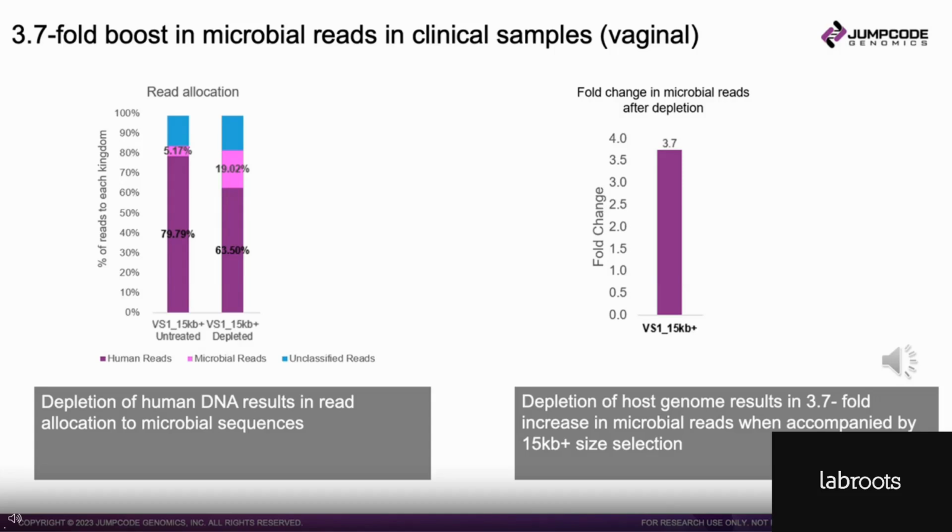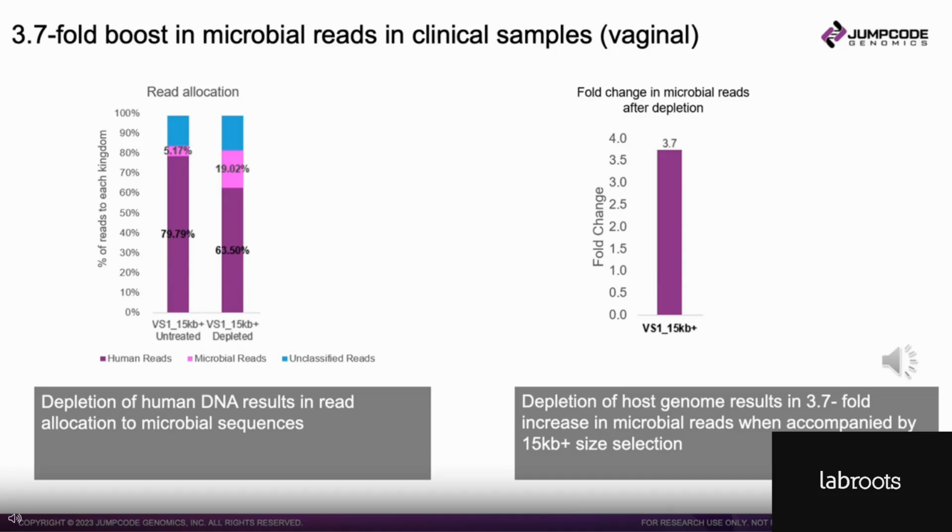And to the right is a bar graph of fold change on the y-axis and the sample represented on the x-axis. Notice that in the untreated sample, on the bar graph to the left, 5.17% of the reads is allocated to microbial species, but with the vaginal sample in which human genome content was depleted using Jumpcode human DNA depletion kit, the reads reallocated to microbial species jumped 3.7-fold to 19.02%.